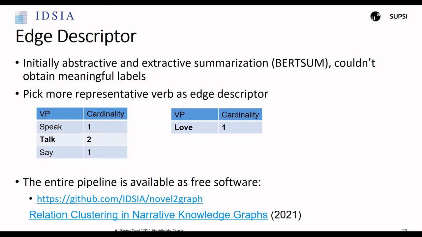But still, it's important that we need a generalized representation of these verb phrases in order to have an actual triplet, like entity relation between the characters. So this is about the edge descriptor, and the entire pipeline is available as free software in the given link, and this part has also been submitted as a paper.